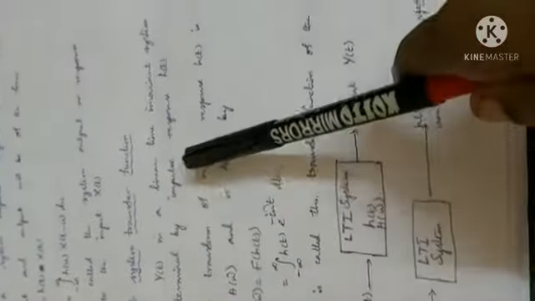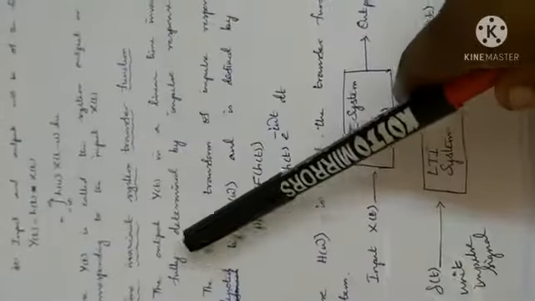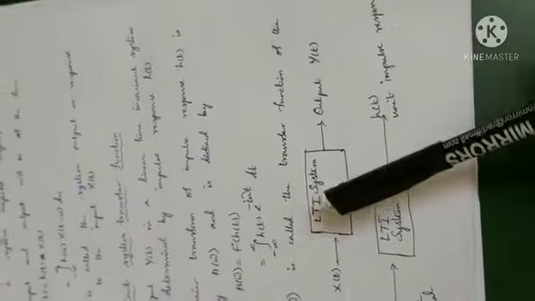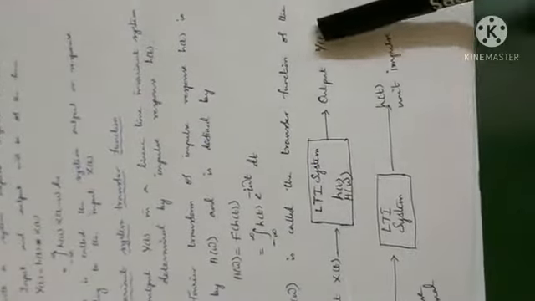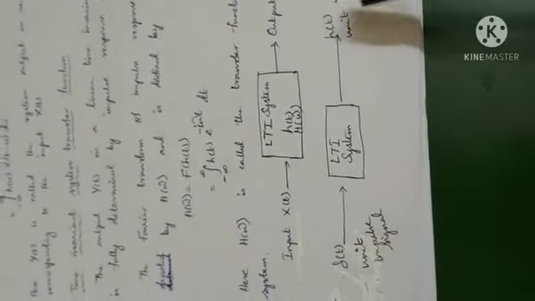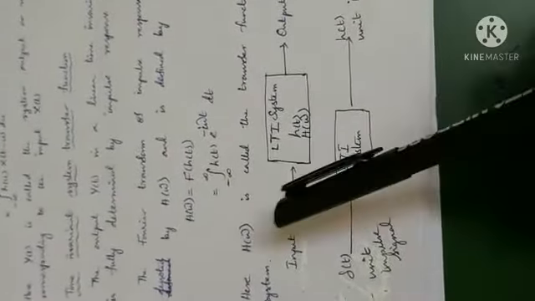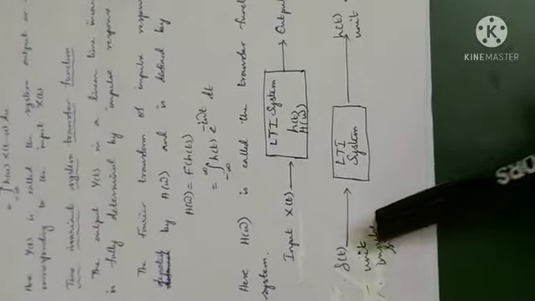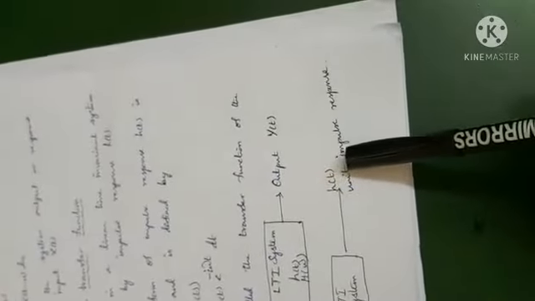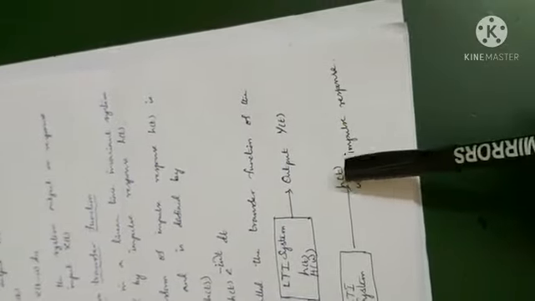The output y of t of a linear time invariant system is fully determined by the impulse response h of t. Y of t is determined with the help of h of t. We have another diagram. If the input is given as a unit impulse signal, then the output will be the impulse response h of t.